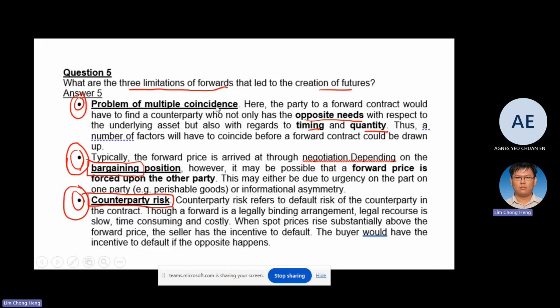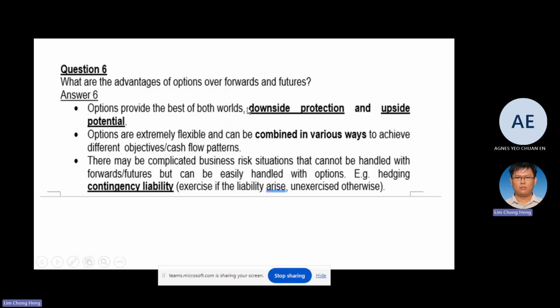To solve this problem, people developed the option. When the option contract came out, it solved the problem for the buyer.